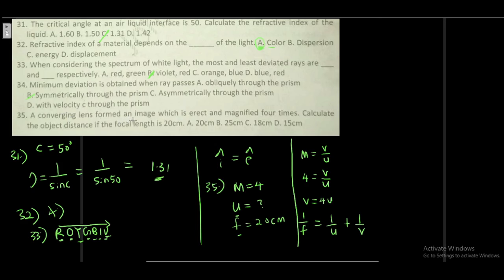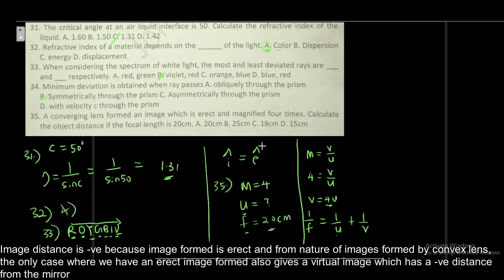A converging lens is also known as a convex lens, and convex lenses usually have positive focal length. So F will be 20. We are looking for object distance. The image distance is V equals 4U, and the image distance is going to be negative in this case, so we're going to have minus V.